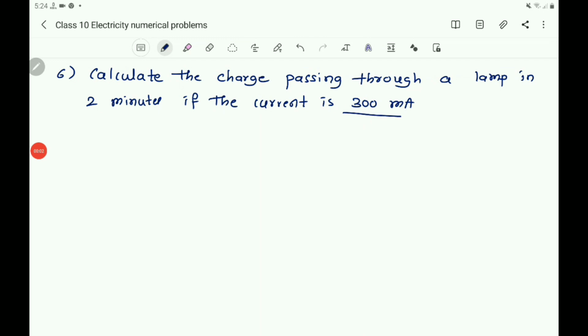Now you take the current. Current is given in terms of milliamperes. So write I equals 300 mA, and you must convert this into ampere.